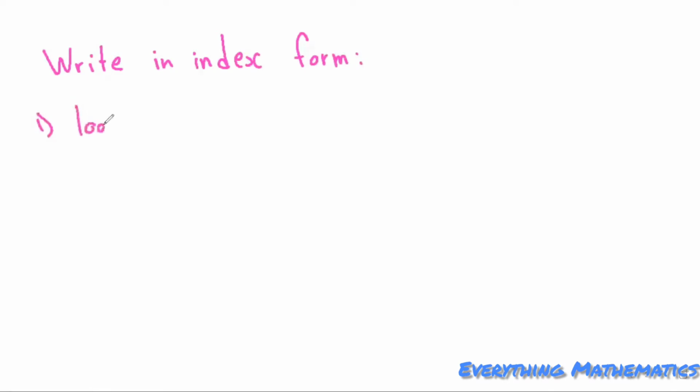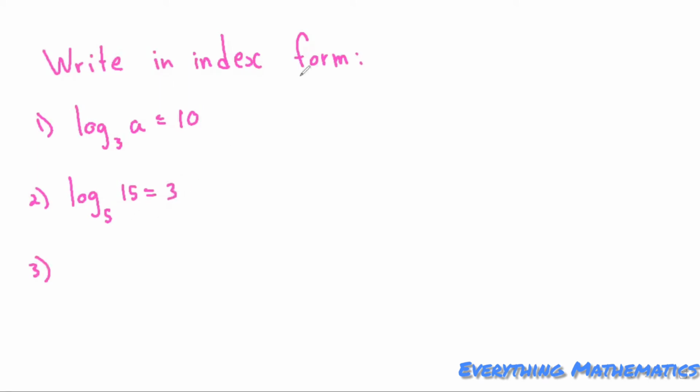If we have log 3 of A is equal to 10, then number 2, we have log 5 of 15 is equal to 3, if that's even possible. Then we have number 3.